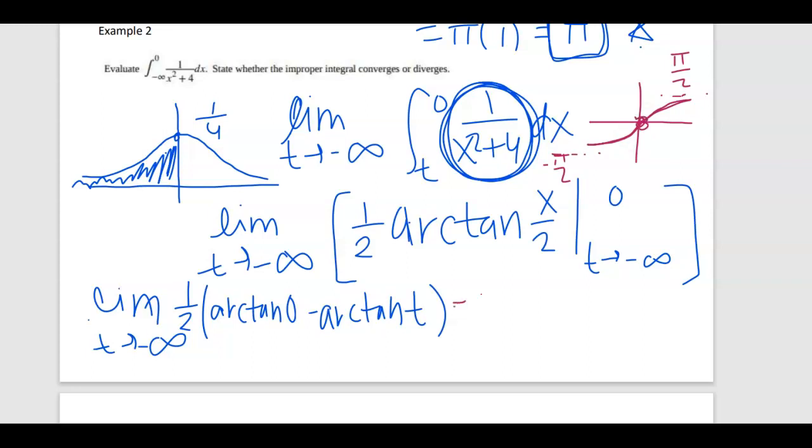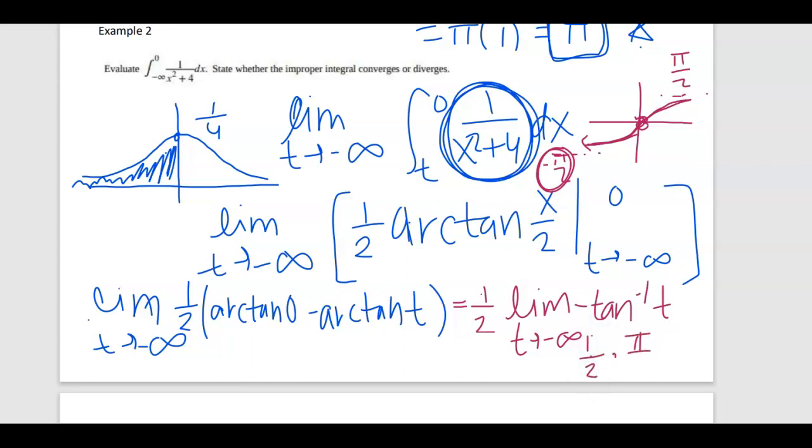I'm going to take this 1/2 out because I can, and then I'm looking at the limit as t goes to negative infinity of the negative arctan of t. If I evaluate that, arctan goes to negative pi over 2. Well, negative, negative, positive. So 1/2 times pi over 2, and my final answer is pi over 4.